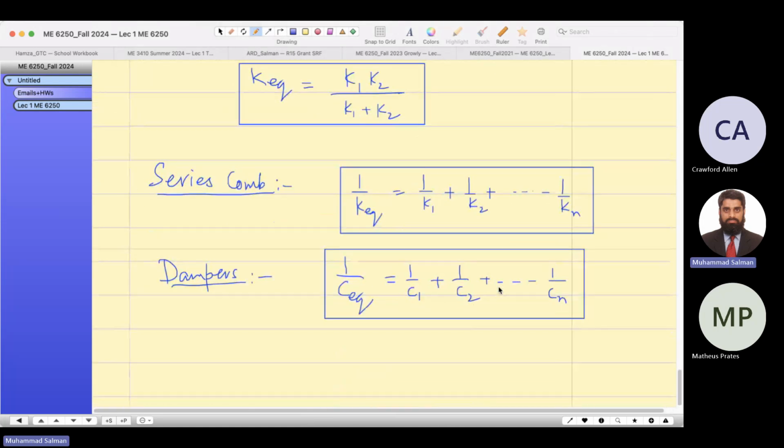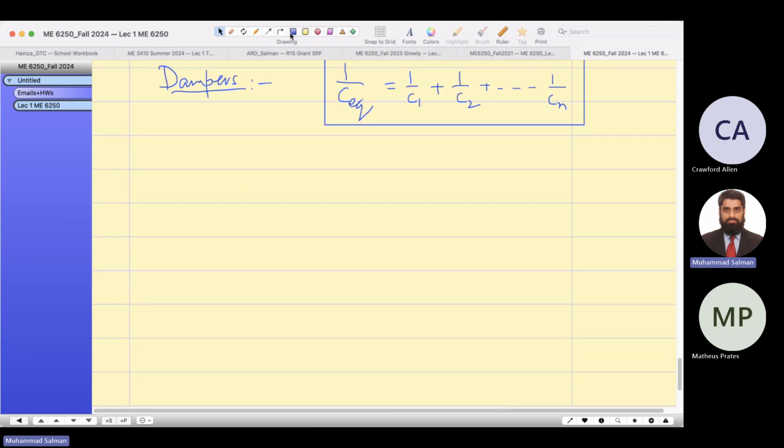For example, the column, the beams. If you have a column, this is our top floor, this is our ground floor, and this can be modeled like a spring. A column has stiffness. So you see my point?